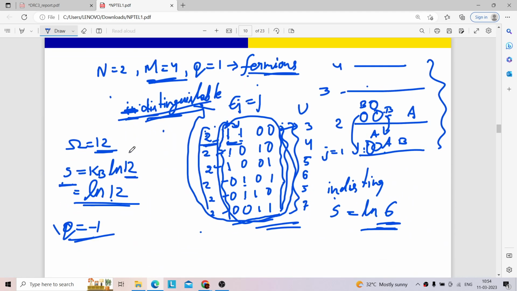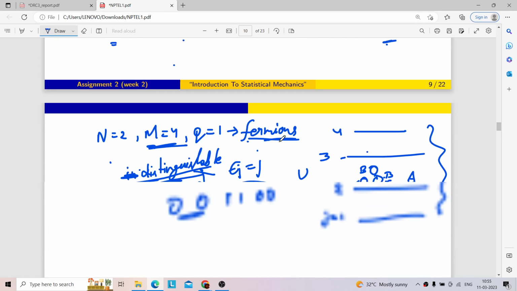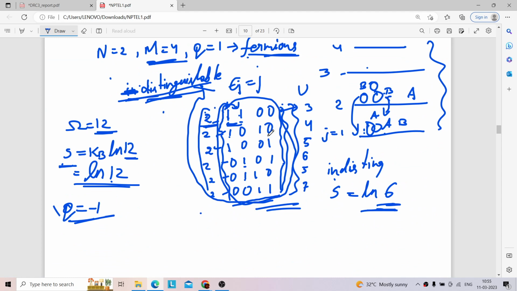See here, if I want to arrange like fermions, putting one ball on one state only, then we will get six kinds of configuration. Let's assume indistinguishable first, then we'll talk about distinguishable. For the indistinguishable case, arranging between these one and two states, they will look alike. Means A and B are the same, so there is no need.